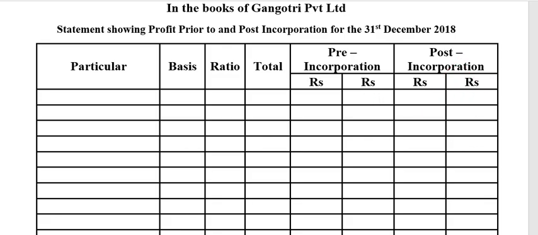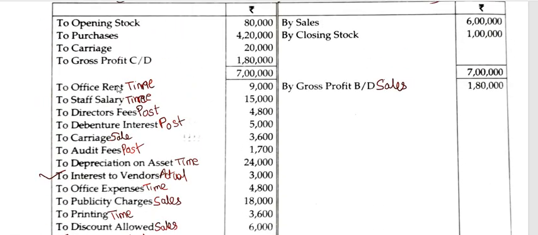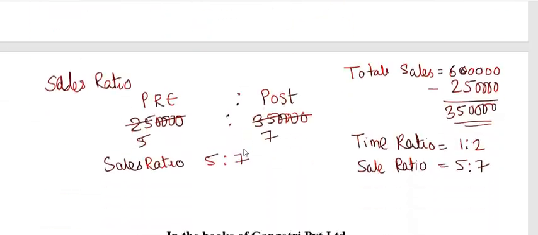Now, what is the first item? First we have to distribute gross profit, and we distribute it on the basis of sales. What is the amount of gross profit? 1,80,000.